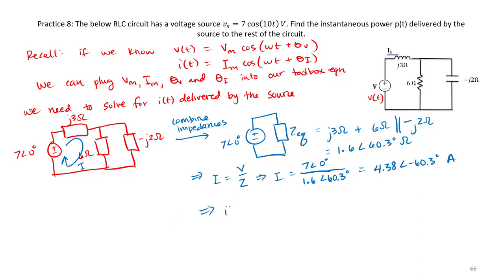Using our current I, we can find that I of t will be 4.38 cosine omega t minus 60.3 degrees amperes.